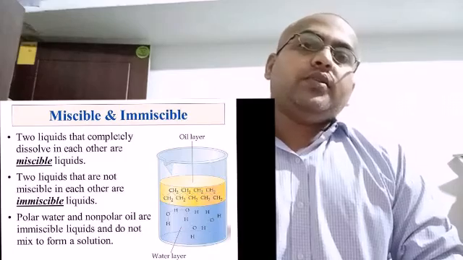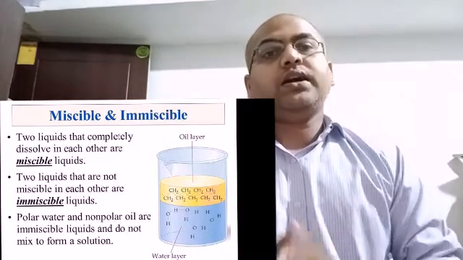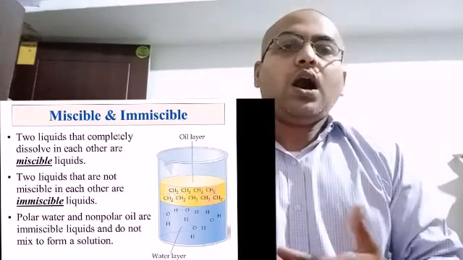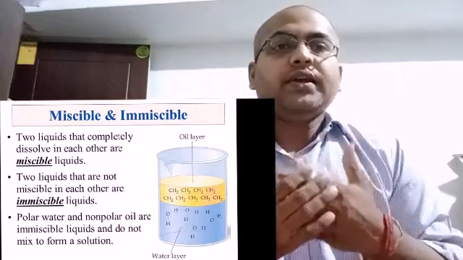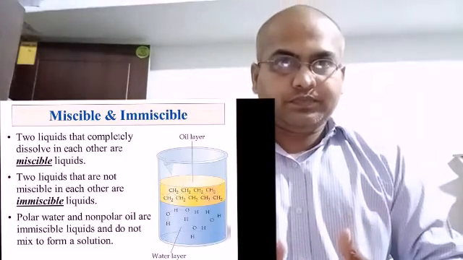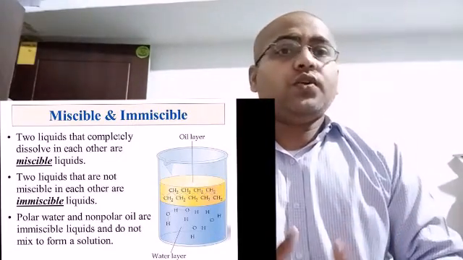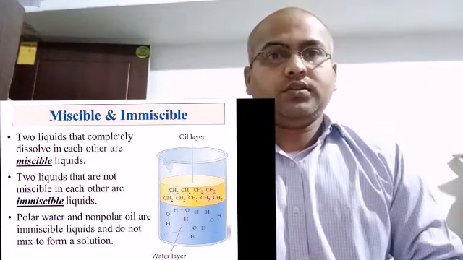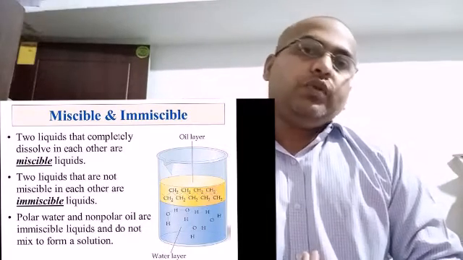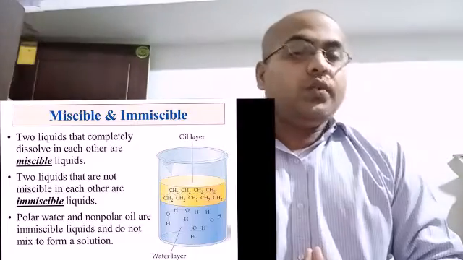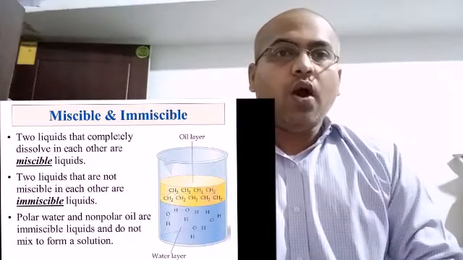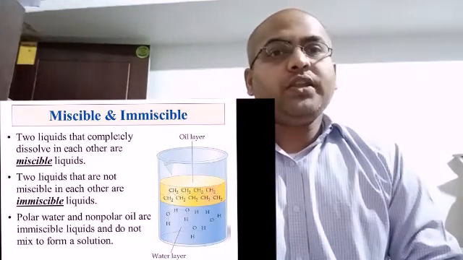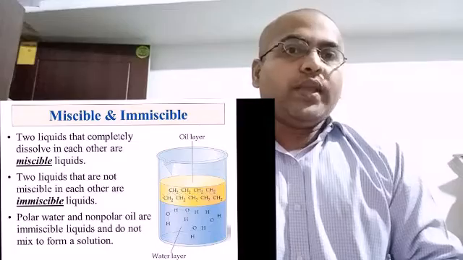So today in this lecture we'll discuss how we will separate these two liquids. For this process we need a separating funnel, or an equipment in which there is a knob by which we can open or close it.